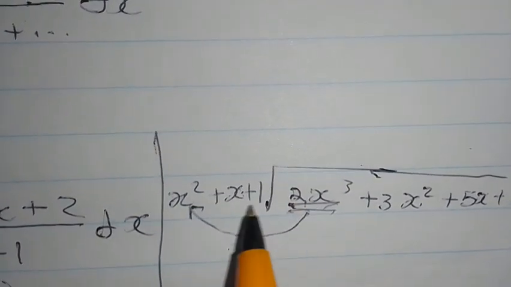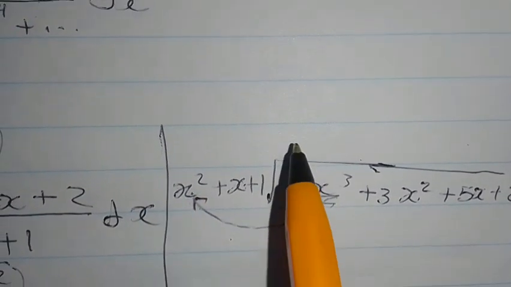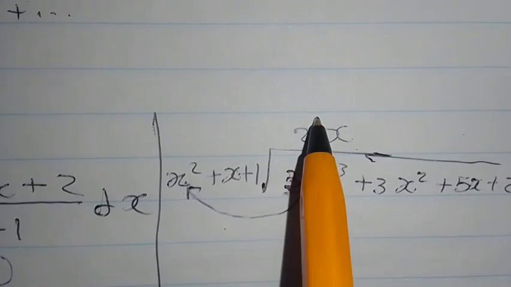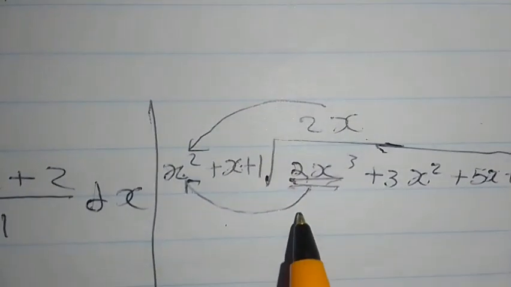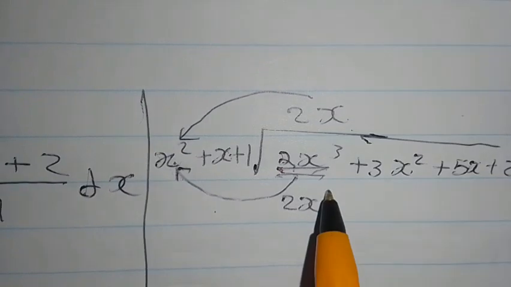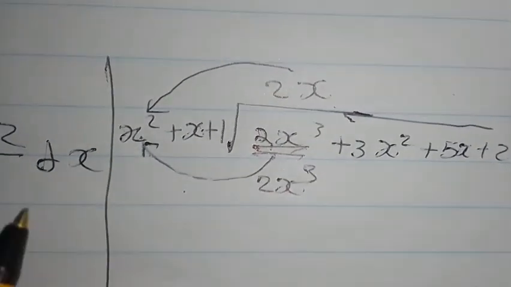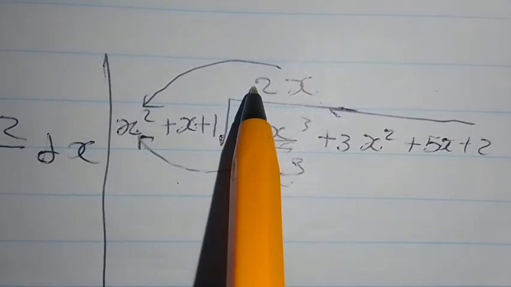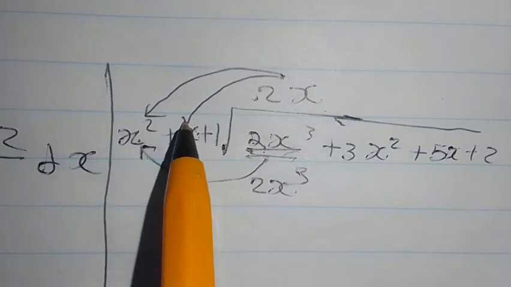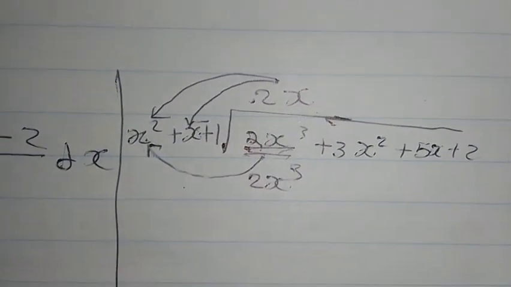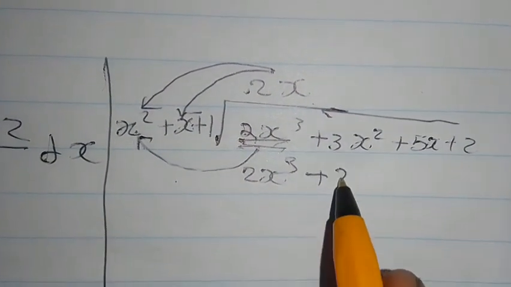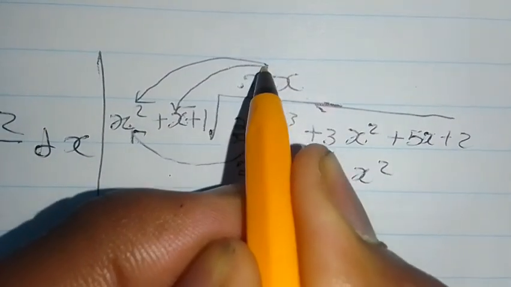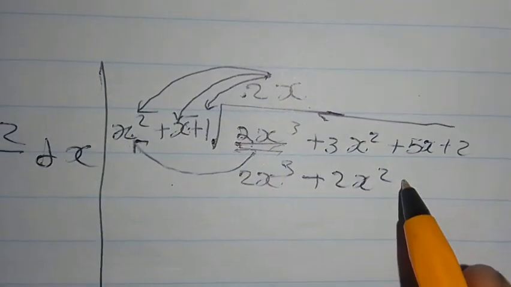So 2x to the third divided by x squared, that's just going to be 2x. And now you say this 2x, and you multiply by x squared, then you're just going to have 2x to the third. Then you take this 2x, multiply it by x, and you'll get 2x squared. And then you take this 2x, multiply it by 1, then you'll have positive 2x.